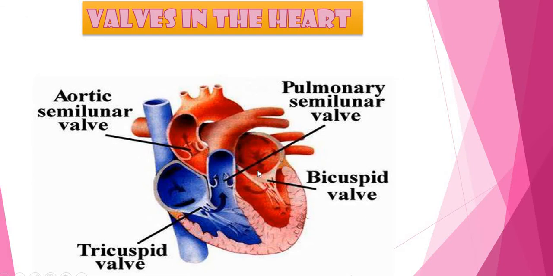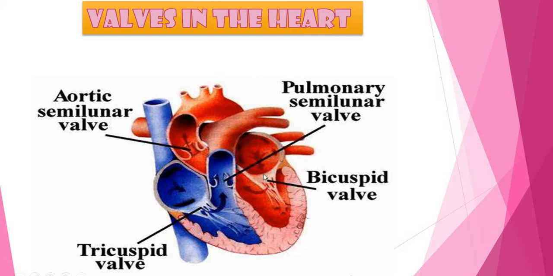Now, what prevents the blood from returning back after the atria or ventricles have contracted? Same concept we talked about in the veins. There are valves inside the heart that prevent the blood from returning back to the pumped sites.